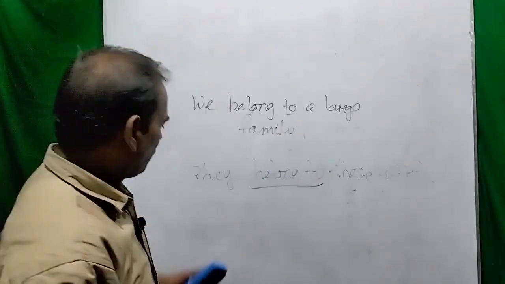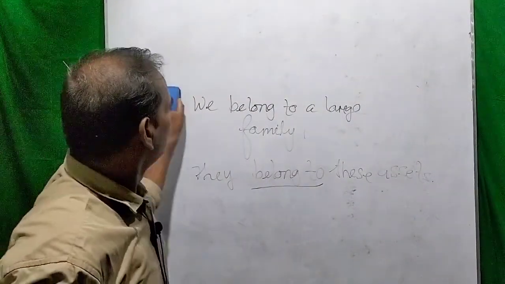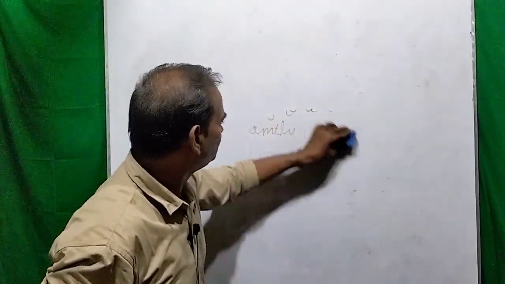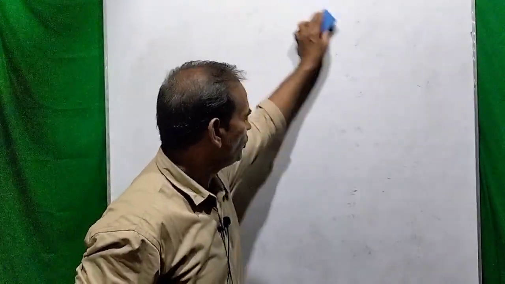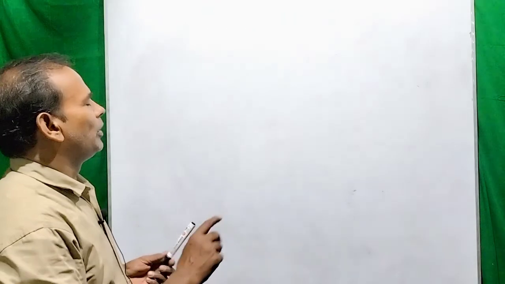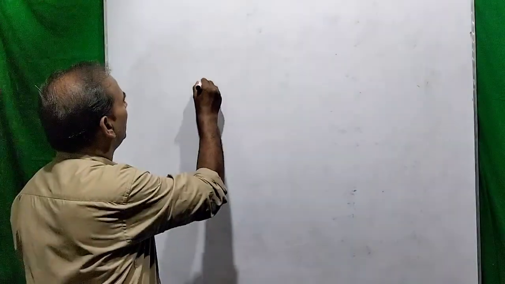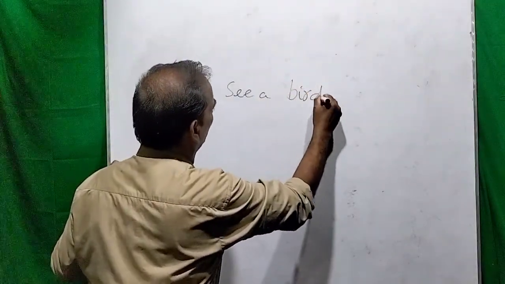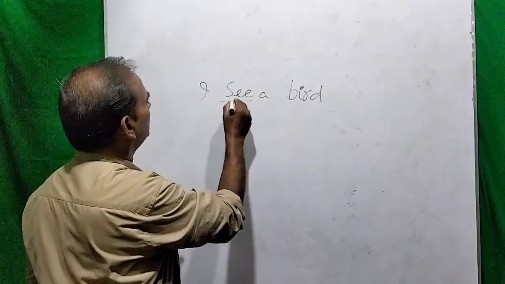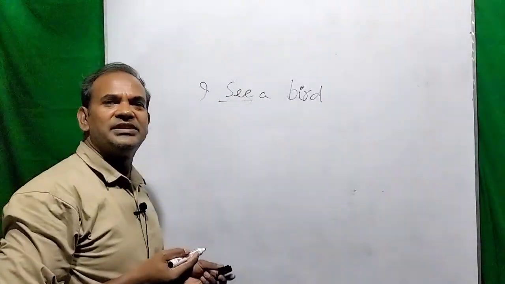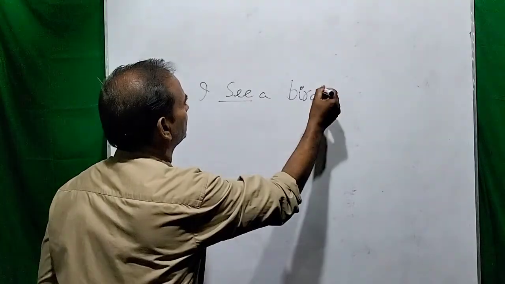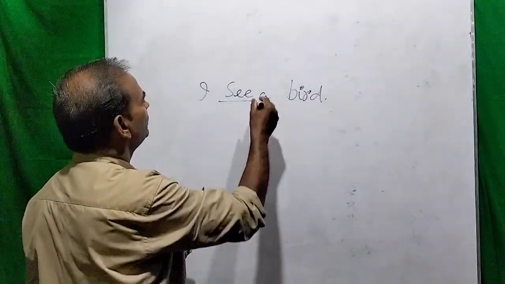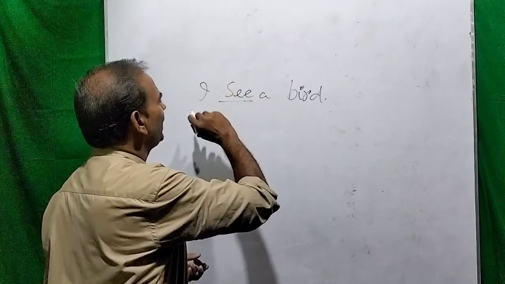Okay, now take a look at, you see, we generally use present indefinite tense of a verb, that is see. Suppose I see a bird. You see, we generally use the present form of this verb. But this means to take a look at.